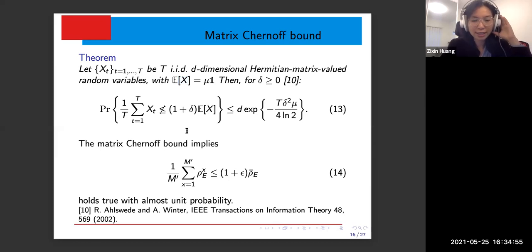The gist is that when you apply the matrix Chernoff bound to the first term, we end up showing that the probability that its eigenvalues deviate from epsilon is exponentially suppressed, and this holds true with almost unit probability.